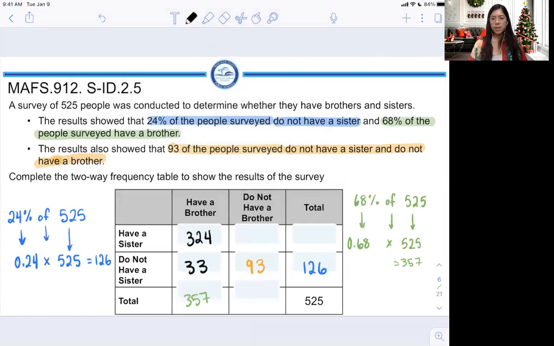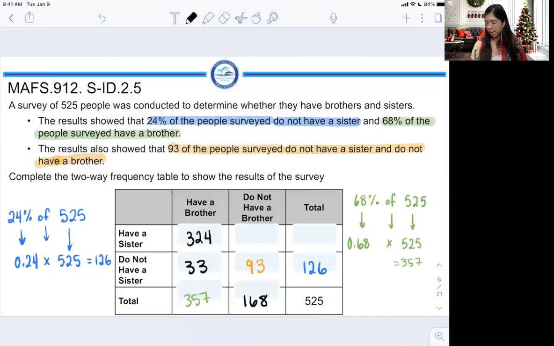All right, what else can I fill in? The do not have a brother total. So 525 minus 357. What's that? 168. And then we can do the other one.